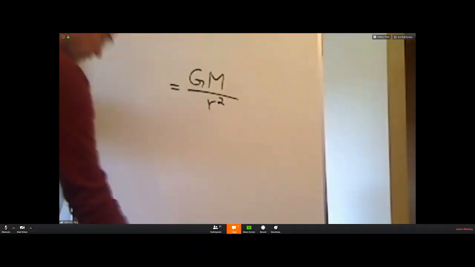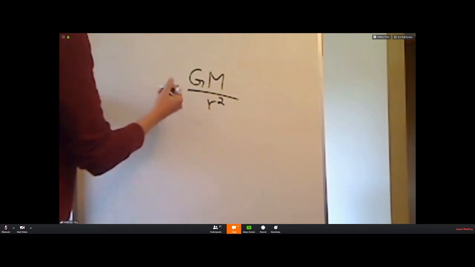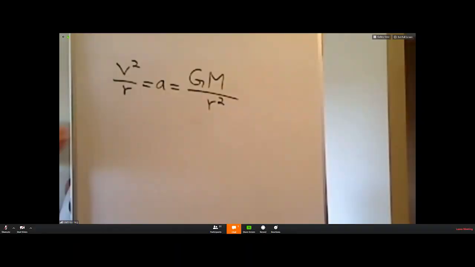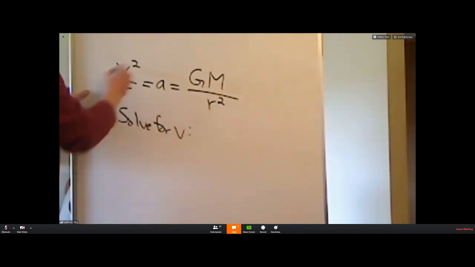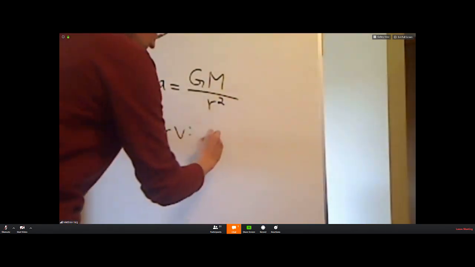So acceleration on the one hand is Fg over little m, and on the other hand, it's v squared over r. So what if you solve for v? Cancel off one factor of r, you get GM over r, and that's v squared, and you take a square root.